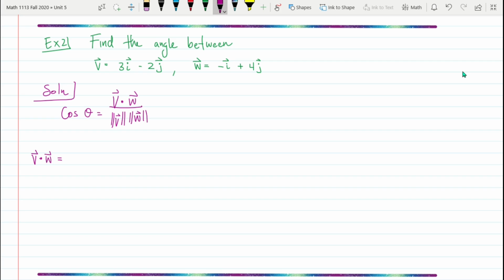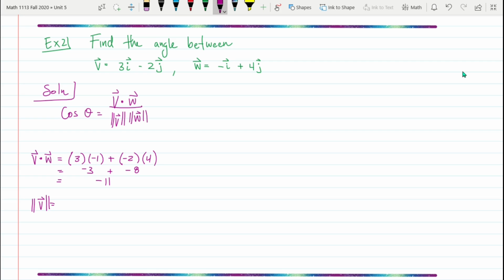between V and W. So remember, the dot product is the product of the horizontal components, plus the product of the vertical components. So we get -3 plus -8, -11, okay? And then we can find the magnitude of each vector on their own.